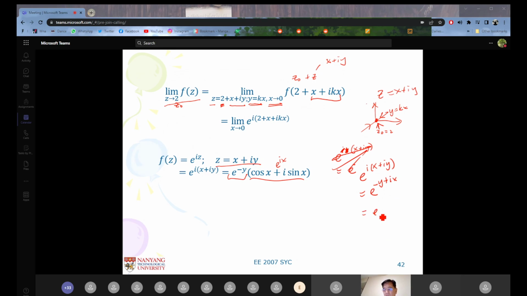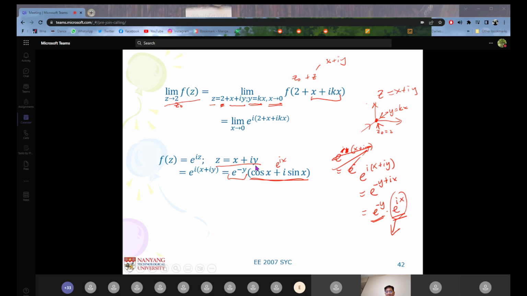So this is equal to e to the power minus y times e to the power of ix, right? I hope you understand how to manipulate this complex number, yeah? So this is already the real part, but this one here, I don't know. So this is a polar representation, so I need to come up with the rectangular representation. Okay, so this is the rectangular representation of e to the power ix.